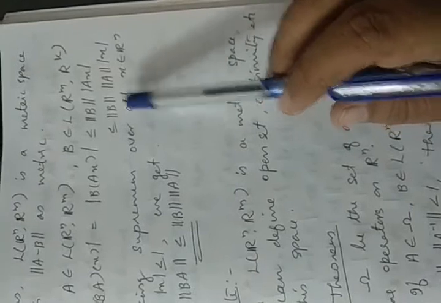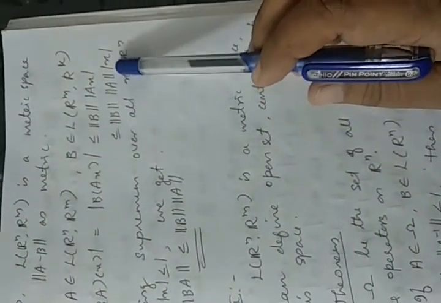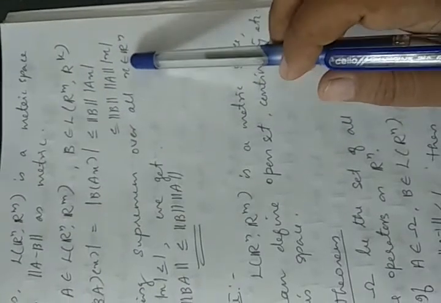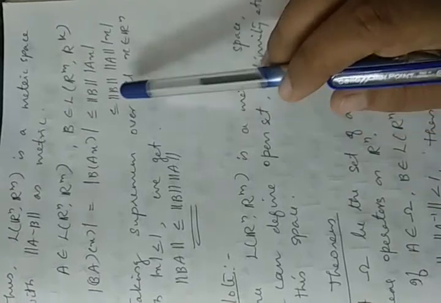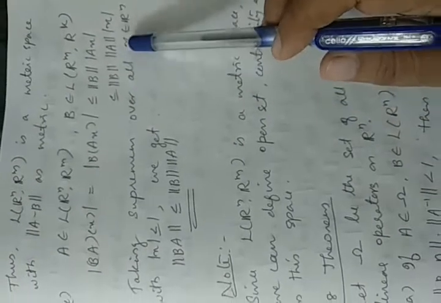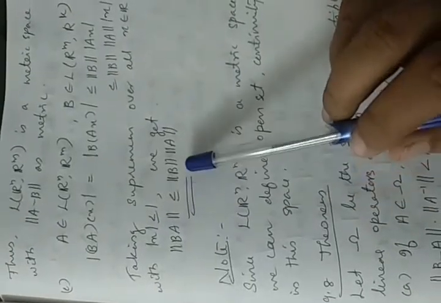And the supremum of norm of B into norm of A into mod x over the same set is less than or equal to norm of B into norm of A. So we proved that norm of BA is less than or equal to norm of B into norm of A.